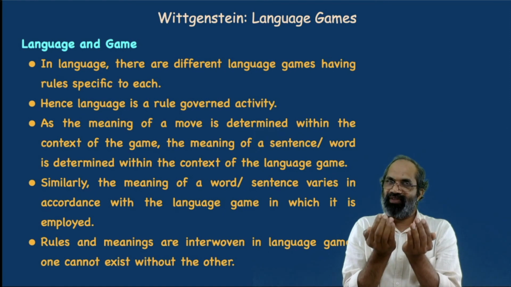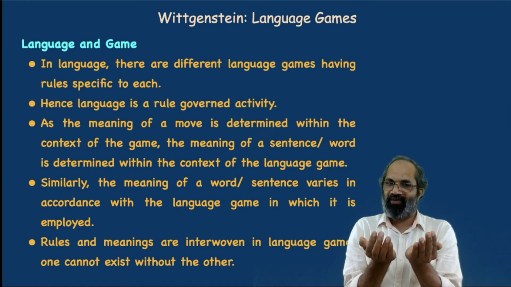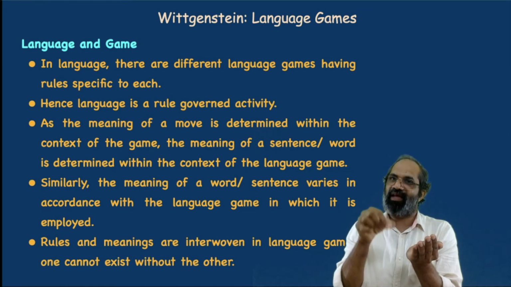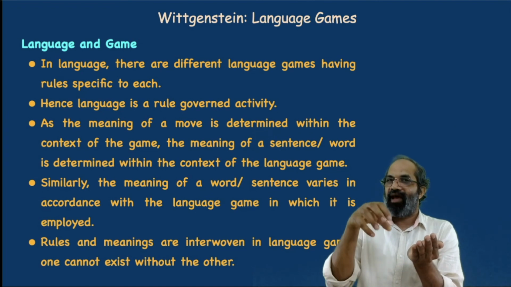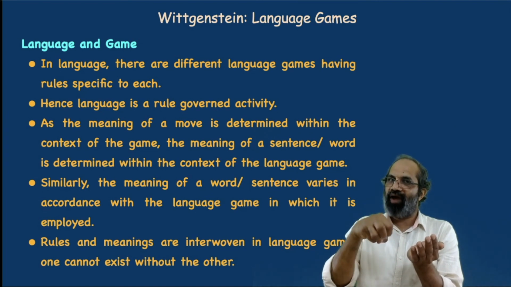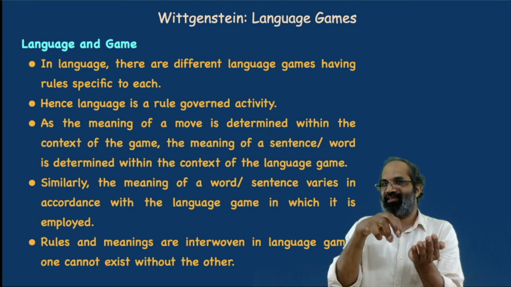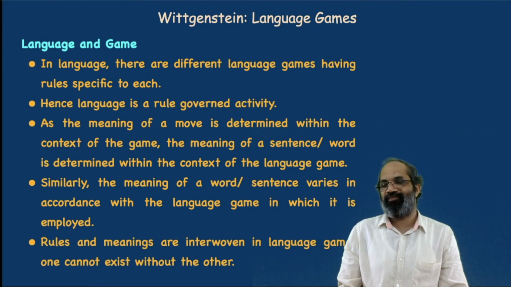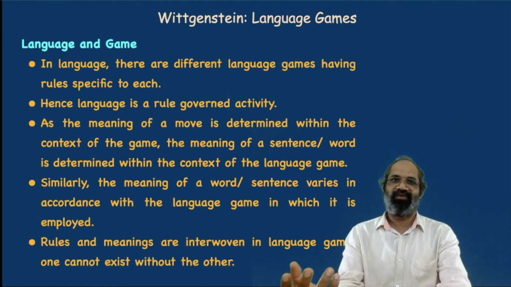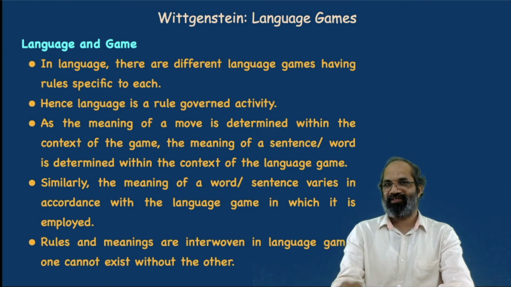It's from within the context of language use, or what we call language game, that a word or sentence derives its meaning. This is the most important part. And when you take the word or sentence out of the context of language game, then there is no sense in asking what does it mean. So the meaning can be only in language game.